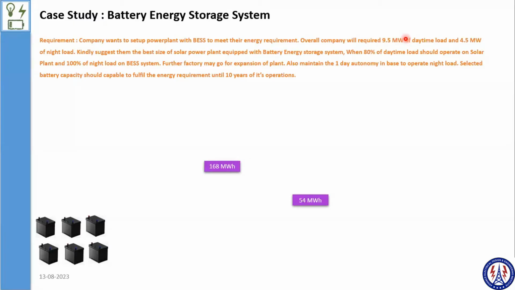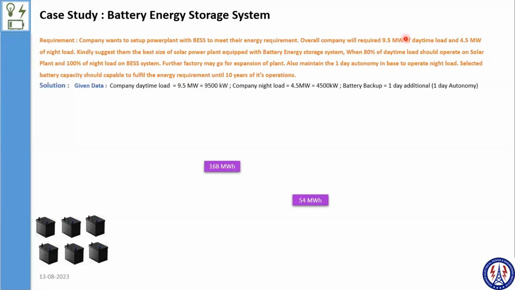First thing is we need to write down the given input. The first thing we know is the 9.5 megawatt. It is for how many hours? Very good. So 9.5 megawatt is the constant load considered, from 6 a.m. to 6 p.m., around 12 hours.